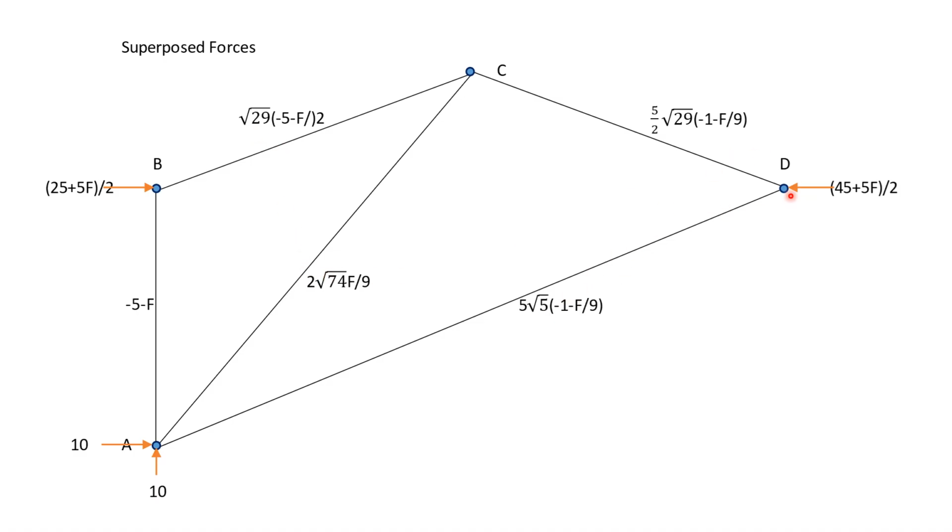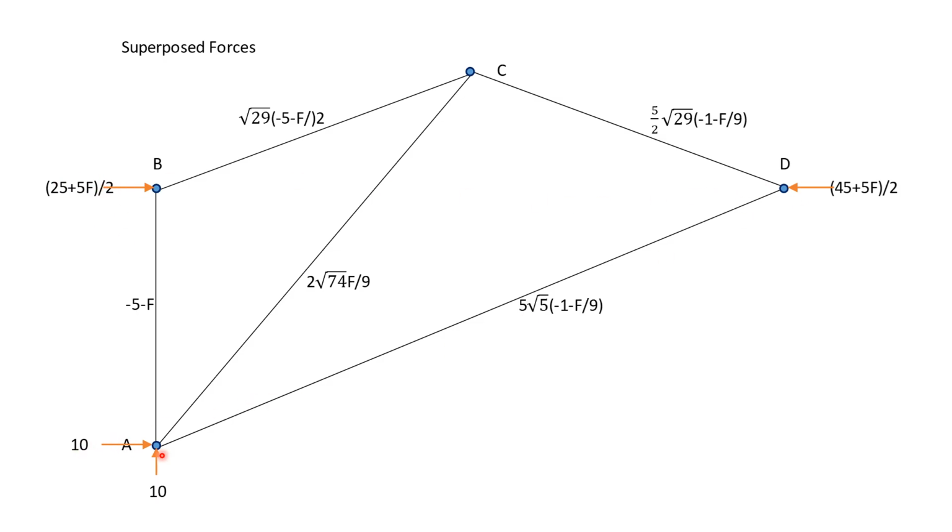Now in red here, I have the external reactions. So it's 25 over 2 plus 5 over 2 F, and here it's 45 over 2 plus 5 over 2 F. So that's the total superposed force at B and D.